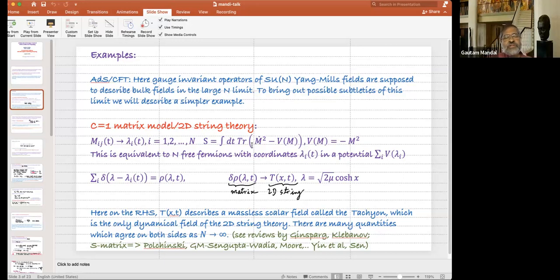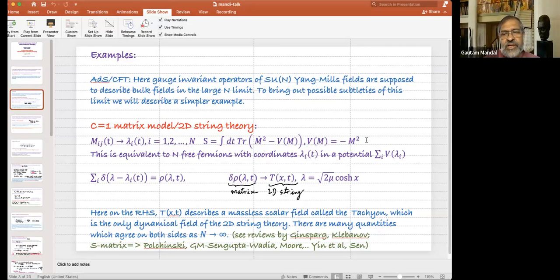The main interest in this problem is in what is called the singlet sector, which is the sector described by the eigenvalues of this matrix. Let me call these eigenvalues lambda_i of t, where i runs from 1 to n.